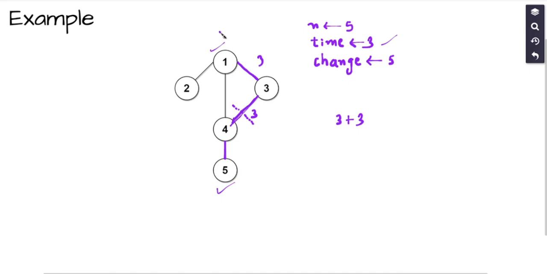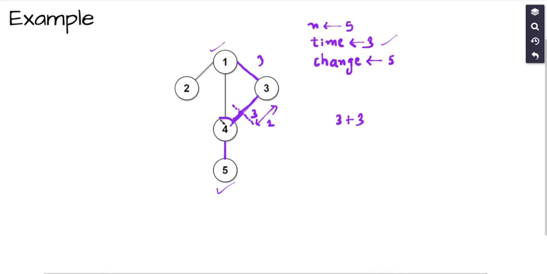That means initially they were green, they will be flipped to red. So after 3 plus 2, that is after 5 minutes, the lights will be flipped to red. So they are red at this point. And now I take one more minute to reach vertex number 4.